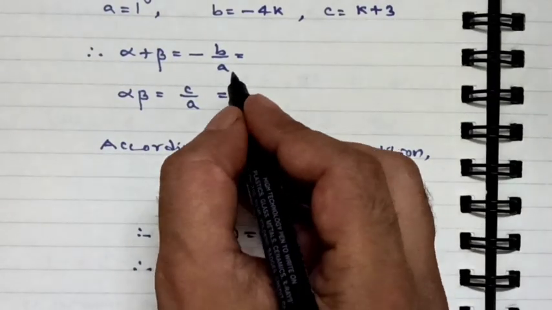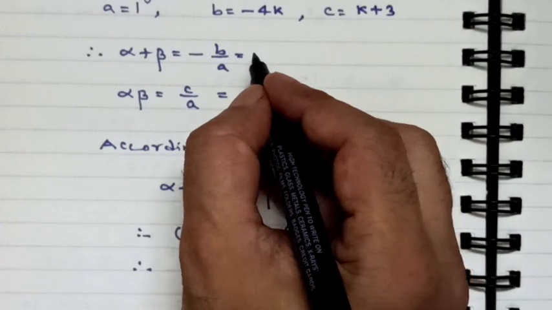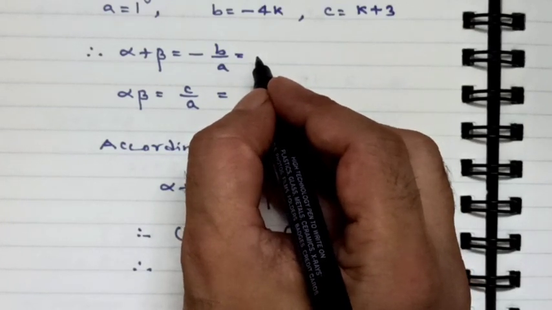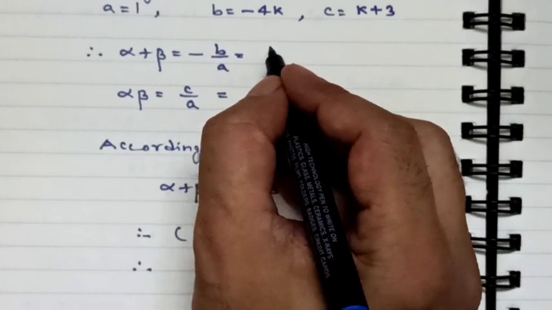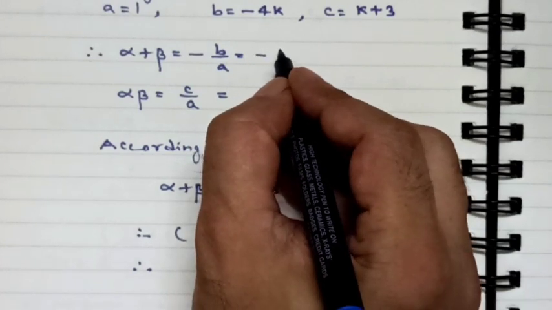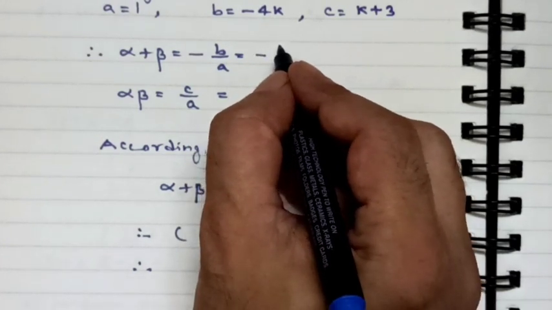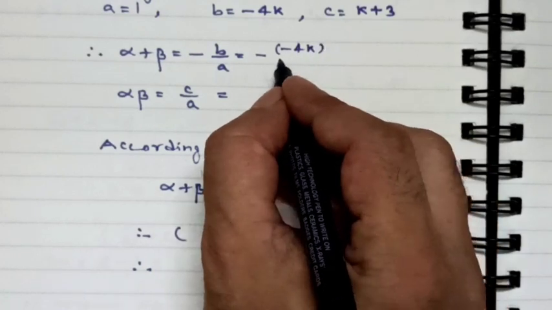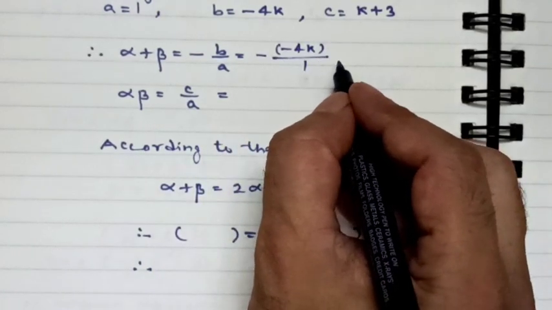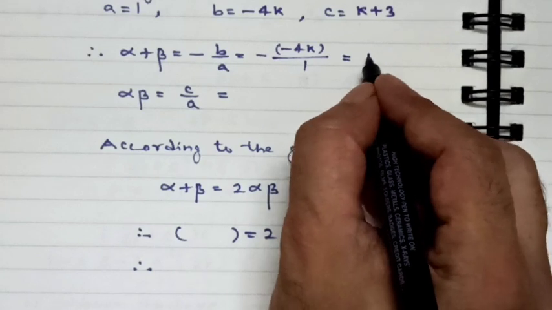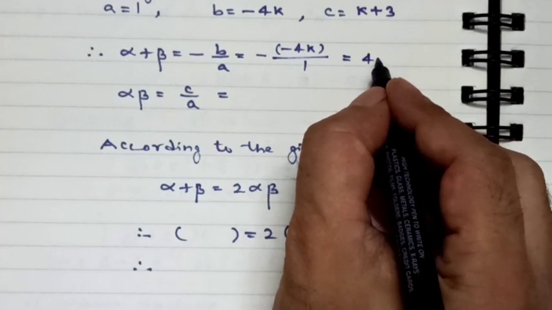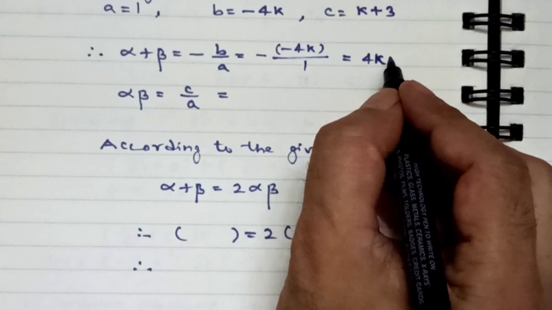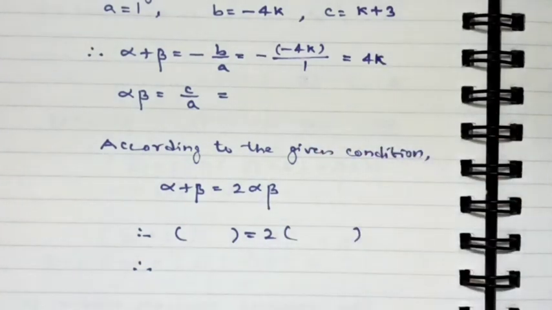Now find out alpha plus beta. Alpha plus beta is equal to minus b by a. So write minus, b is minus 4k and upon a is 1. So that will give you minus of minus, that will give you plus 4k. I have told you when a is equal to 1, you can directly write alpha plus beta is equal to minus b.